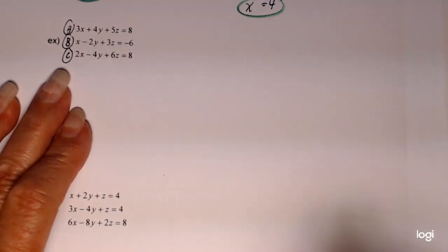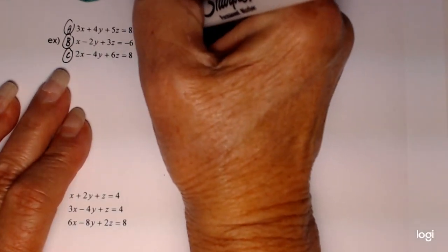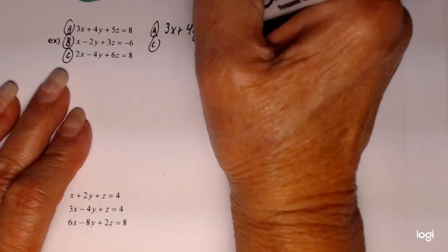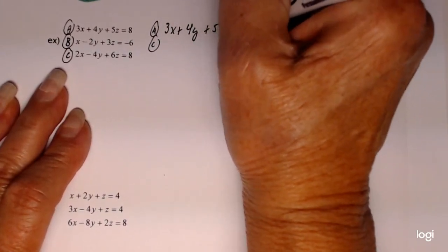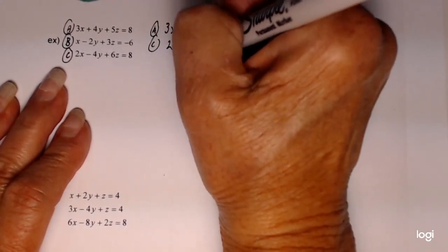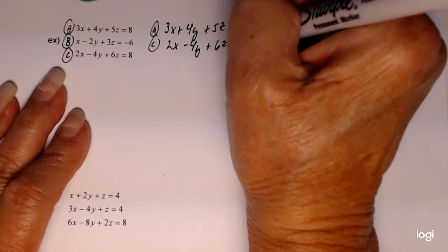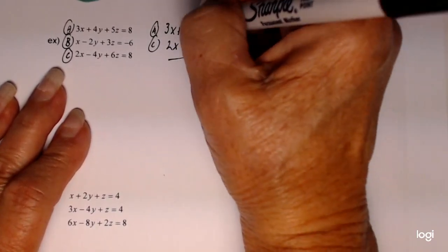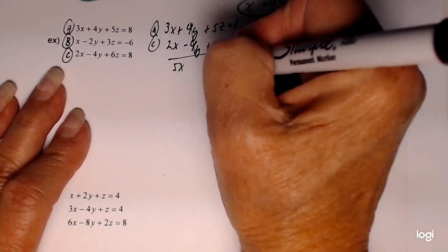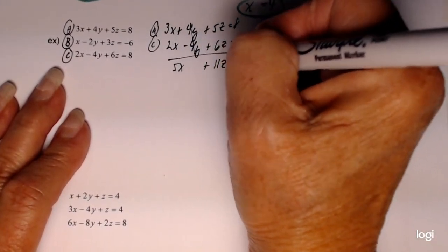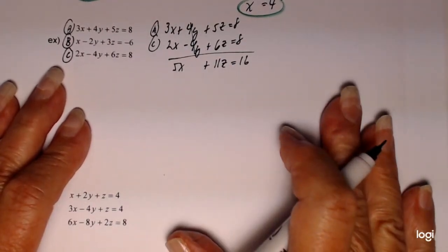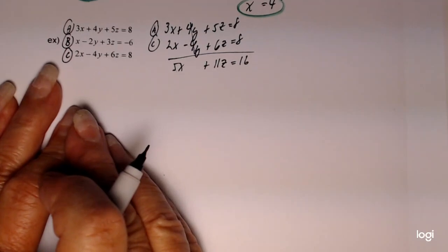So I'm thinking, let's use A and C: 3x plus 4y plus 5z equals 8, and 2x minus 4y plus 6z equals 8. And we can eliminate the y variables. So we have 5x plus 11z equals 16. So we've eliminated y.